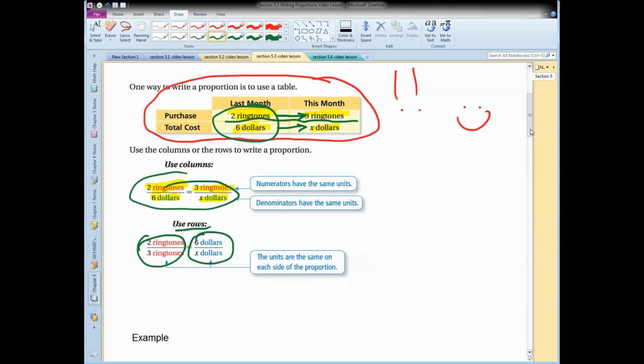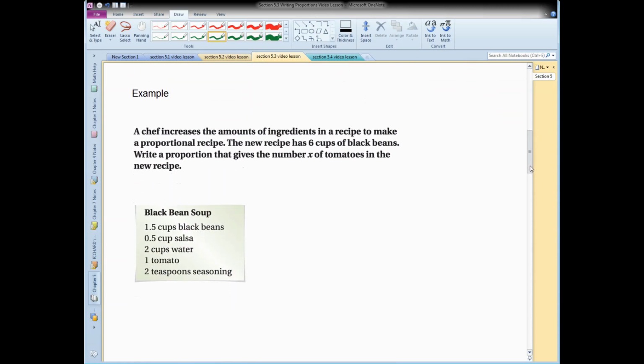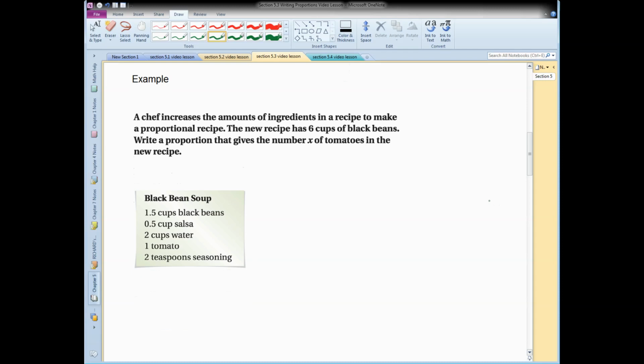All right, so let's look at an example. A chef increases the amount of ingredients in a recipe to make a proportional recipe. Remember, a proportion is an equation. He wants this black bean soup, if he makes a larger batch of it, to taste just like it would if he used the original recipe.